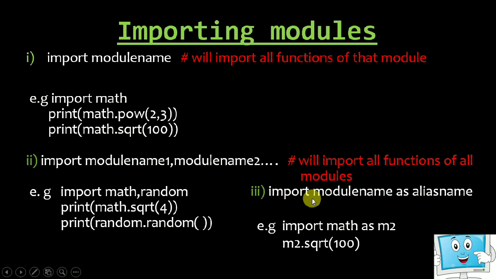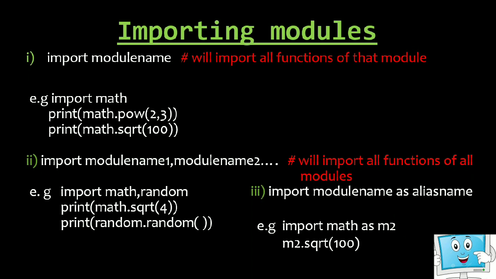The third method is import module as alias name. Suppose there is a module named math and I want to use this math module again and again. So instead of writing the full name, I can give some other name. Like some of you must be having some other names at home and some other names in school.